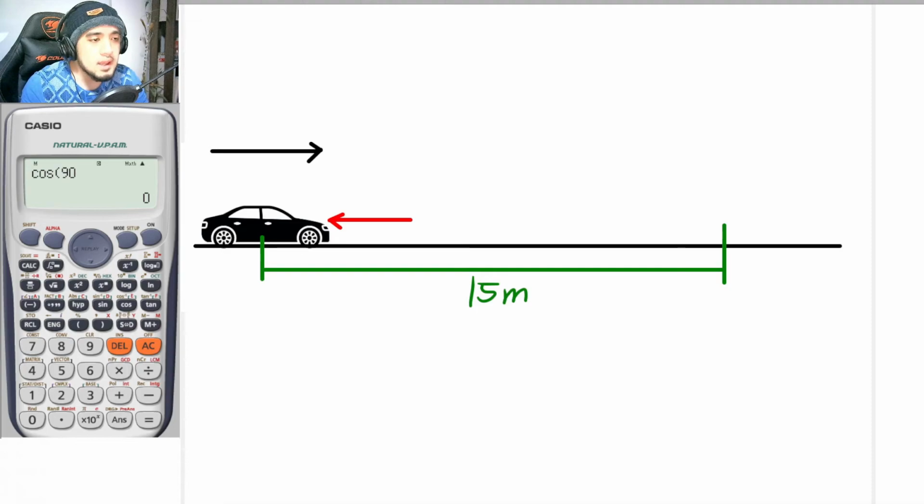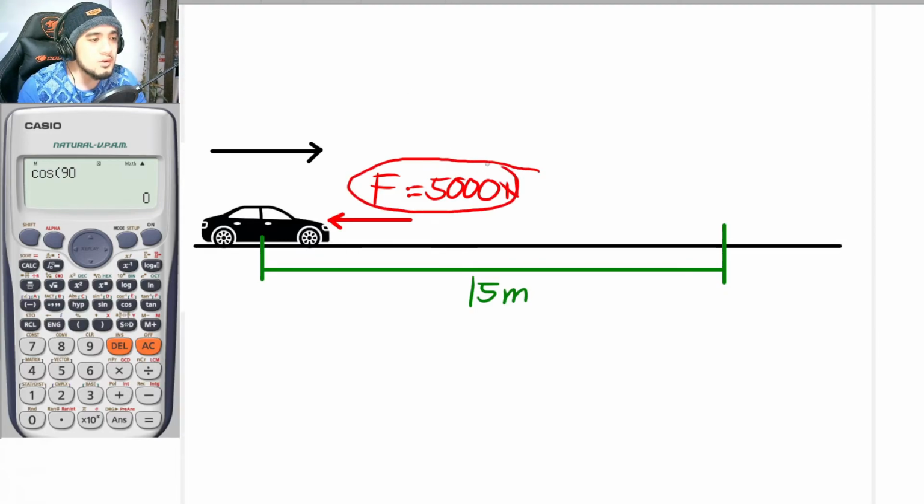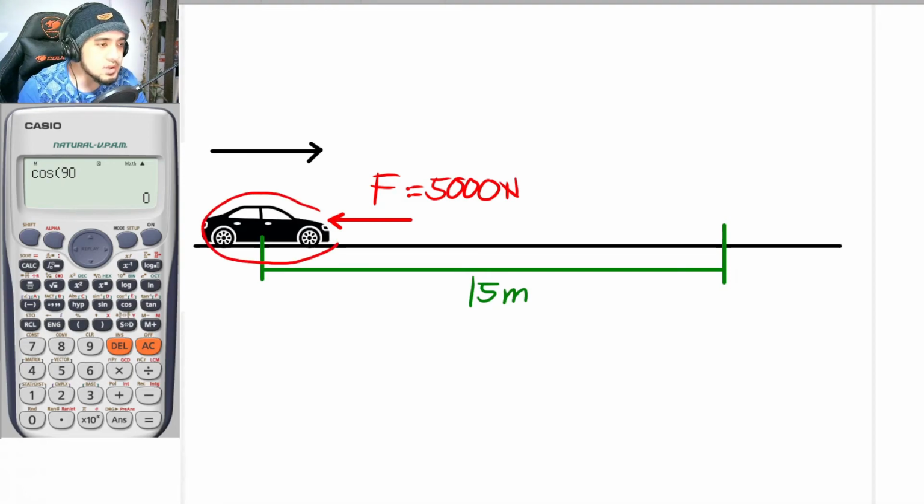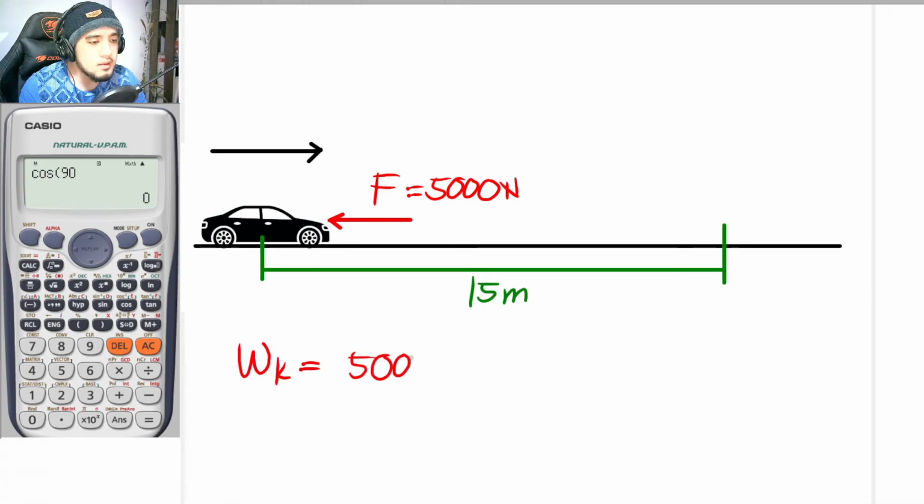So let's say that the force applied here is 5,000 newtons. By the way, guys, I'm not quite sure if this is accurate. This is just an example, but pretend that a total force of 5,000 newtons was applied opposite to this car for it to stop at this position. So with that, the work done here is equal to 5,000 newtons times 15 meters.